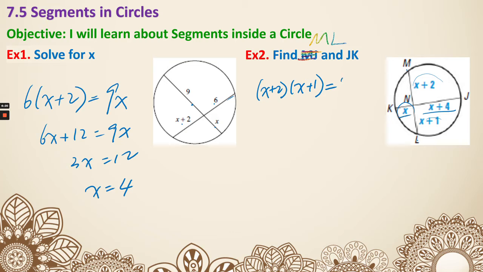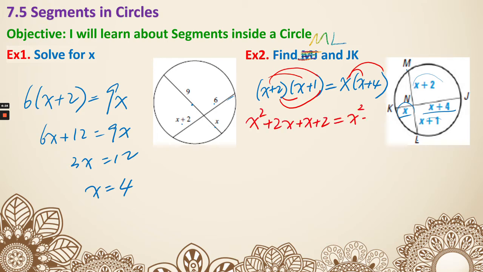We're going to multiply these two together, x times x plus 4. Now it's time to distribute. We're going to get x squared plus 2x plus x plus 2 equals x squared plus 4x. X squared is gone. The left side is 3x plus 2, the right side is 4x. So after simplifying, x equals 2.